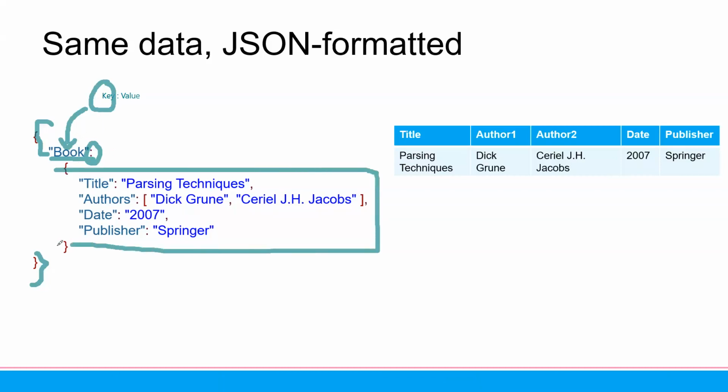The first book is located in the first scope of the curly bracket, and then the first scope contains the attributes of the book. In this case, the title. What is the title? Oh, the title is Parsing Techniques. So the key is title, and then the value is Parsing Techniques, and it is separated by the colon.